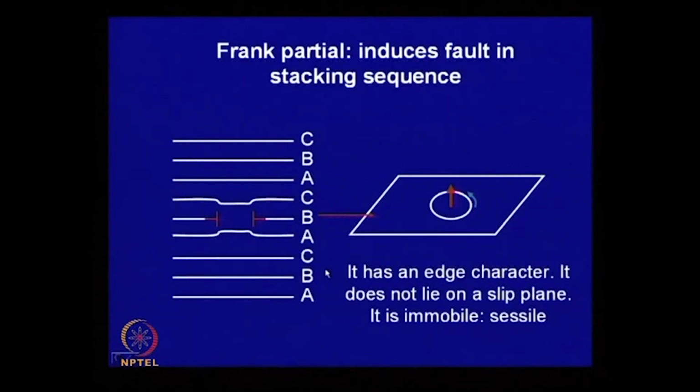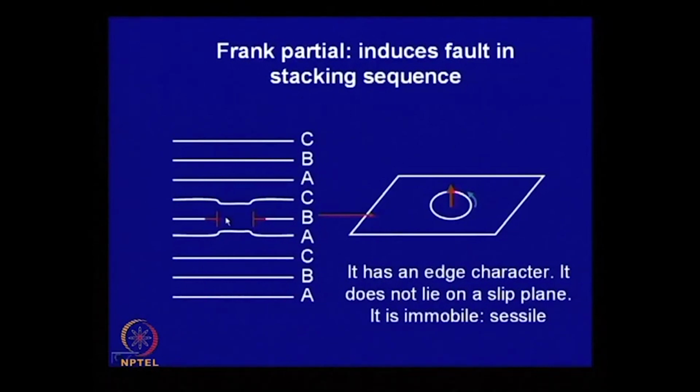There is another way a stacking sequence can be disturbed in a face centered cubic crystal, which is shown over here. At any temperature you have some vacancy in the lattice. The concentration of vacancy can be more than equilibrium, which can happen if you heat a piece of metal to a high temperature, since vacancy concentration is a function of temperature, and then quench.